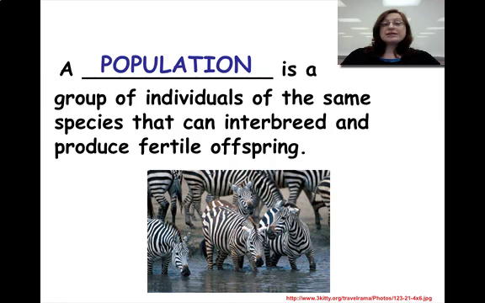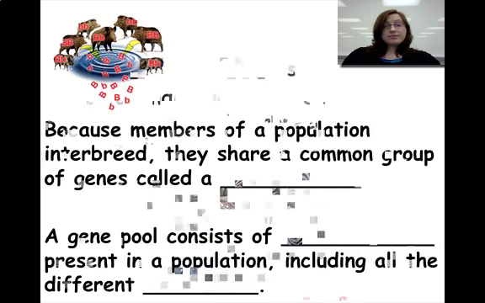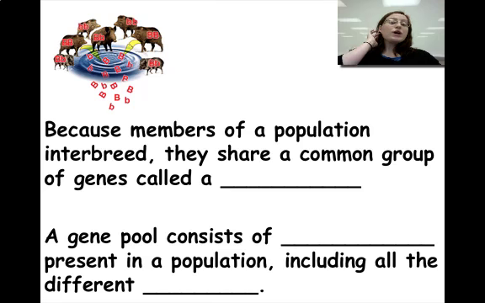In this case, in order for us to look at the change over time of a population, we have to be looking at the breeding within a single species. Okay, so within a population, members are interbreeding, and so therefore they're constantly swapping genes back and forth.